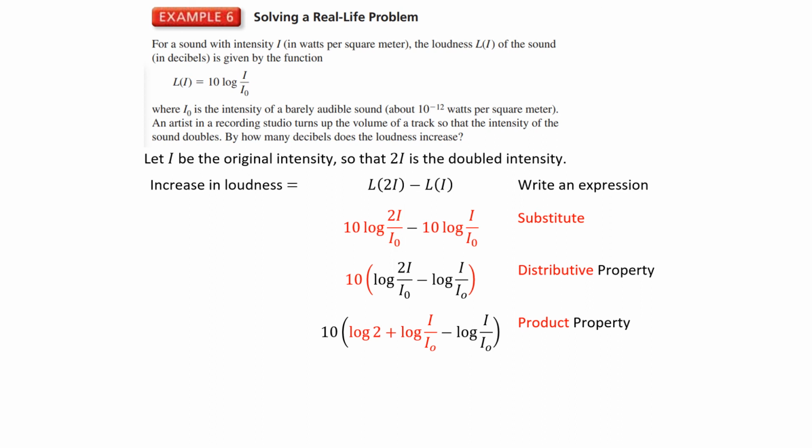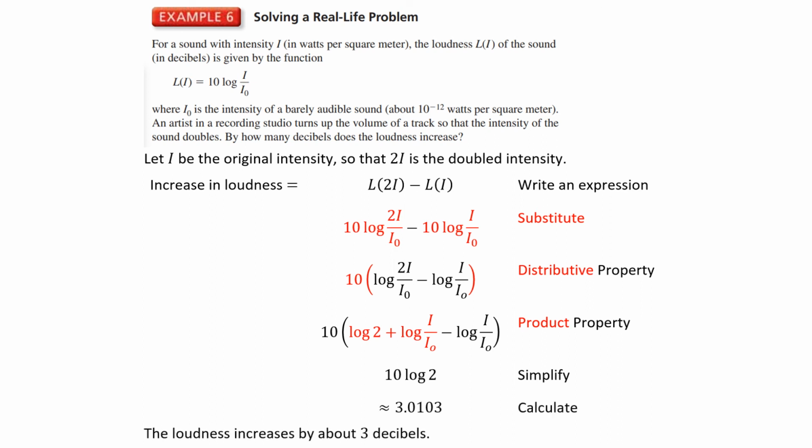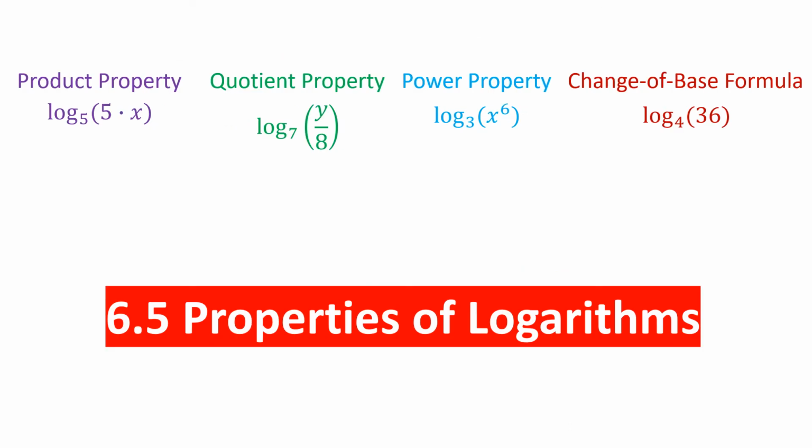So let's simply subtract those two, and we're left with 10 times the log of 2. Grab your calculator and throw that in. What is 10 times the log of 2? It's about 3.0103. And so the loudness increases by about 3 decibels when we double the intensity of the sound.